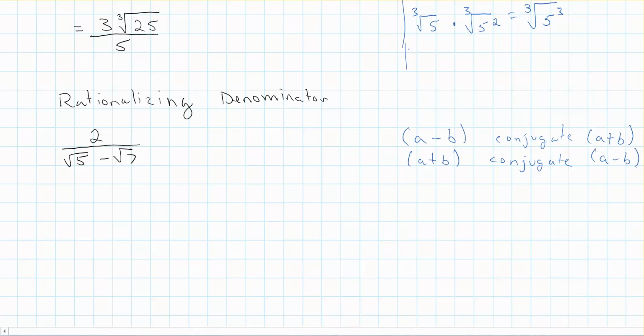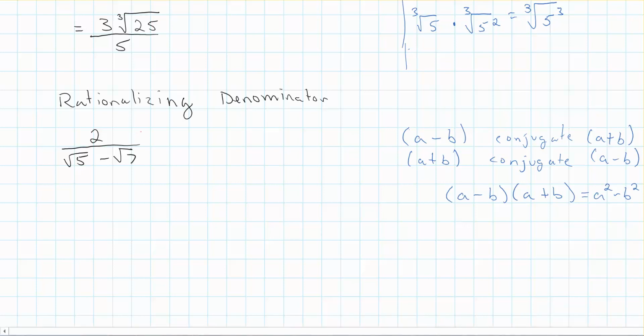Simply all you're doing is flipping the sign, and that's what you're going to then multiply by. And the reason we want to do that, going back to some algebra here, we had a special product that you should be familiar with: if you have a minus b times a plus b, you of course could FOIL it out, but this is just equal to a squared minus b squared.